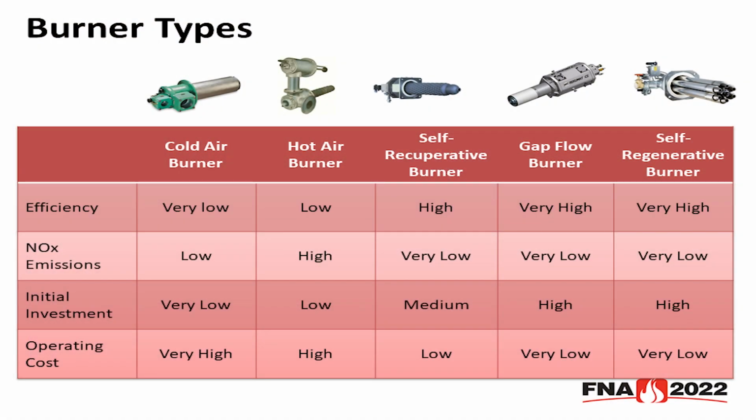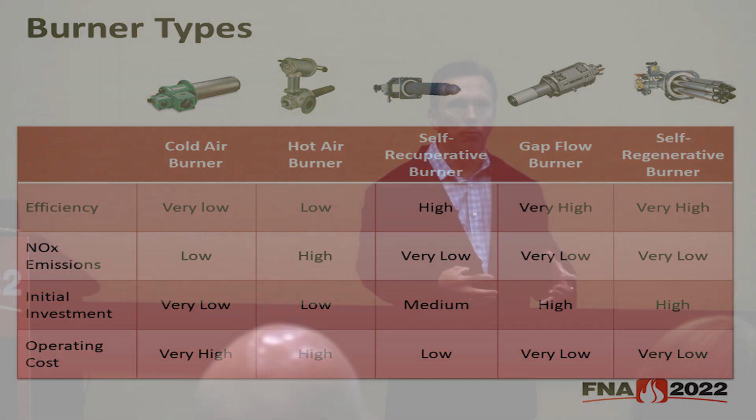Next, we look at the self-recuperative burner. So with this type of equipment, the heat exchanger is an integral part of the burner, and it sits directly inside the wall of the furnace. This helps to minimize heat losses to the surroundings, so that improves the efficiency further.